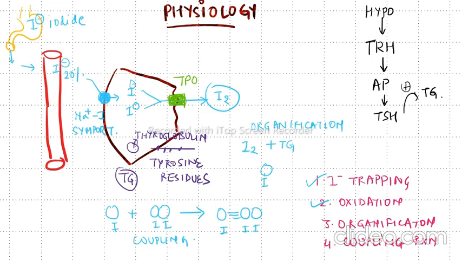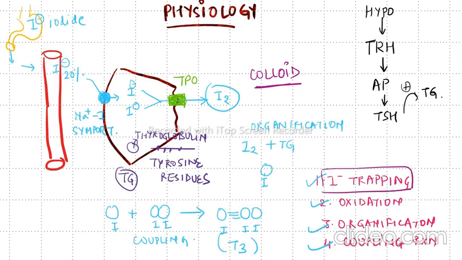In this way we will get T3 hormone and similarly T4 hormone. All these reactions will be happening in the colloid. And one reaction, that was iodine trapping, happens inside the follicle.